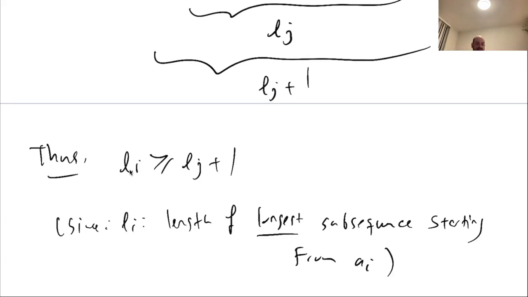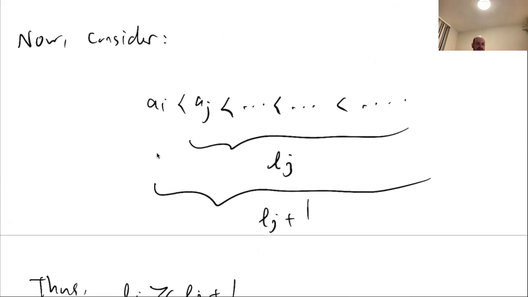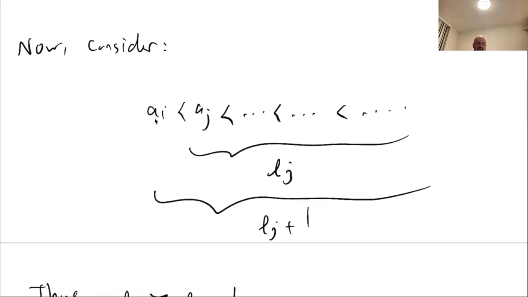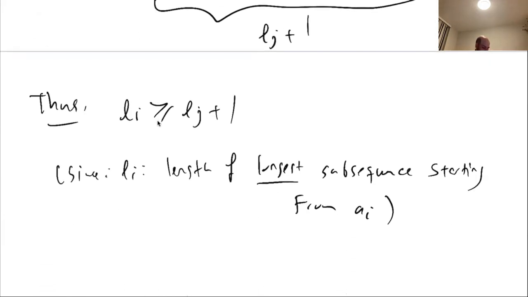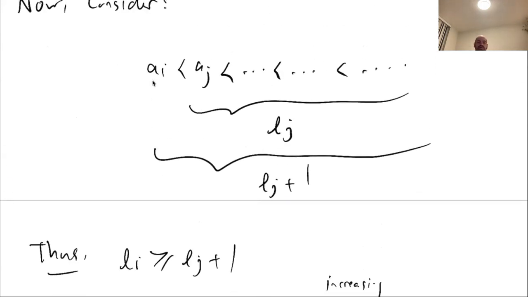This is supposed to be the length of longest increasing subsequence starting from AI. But I already found one increasing subsequence starting from AI, this sequence here.